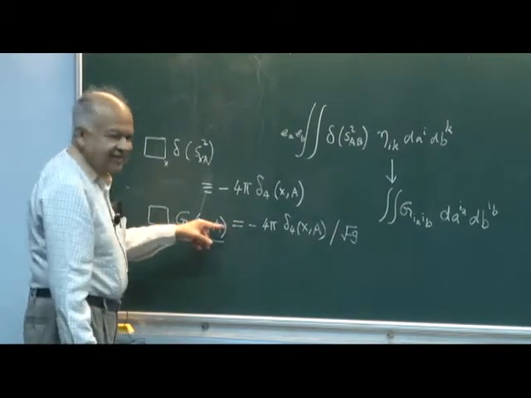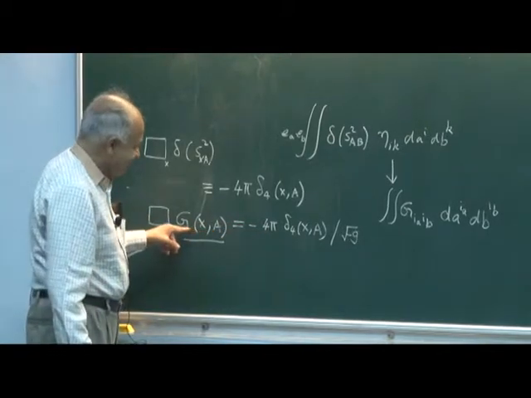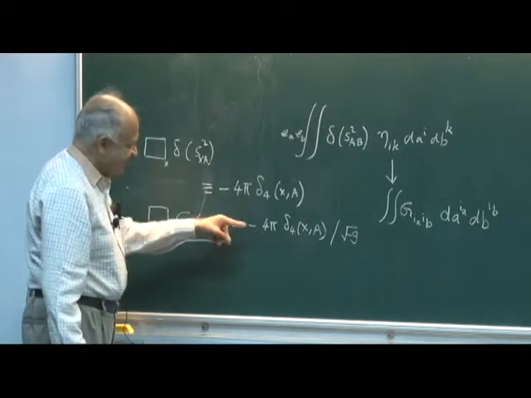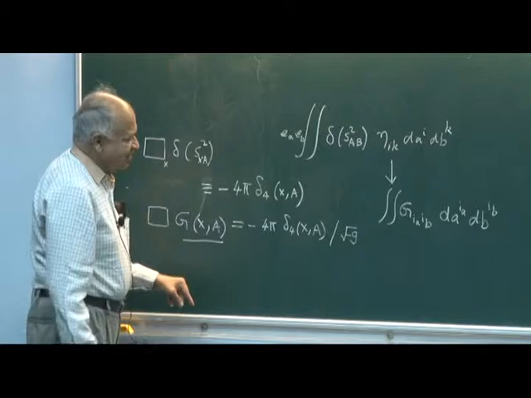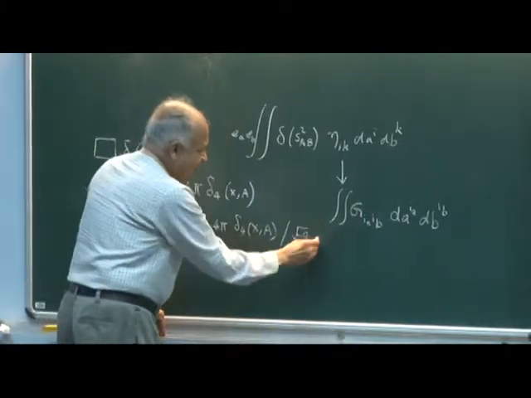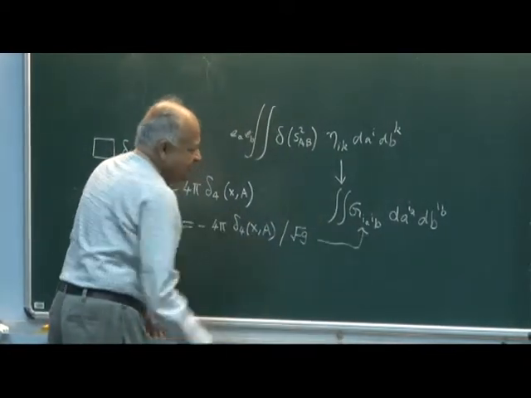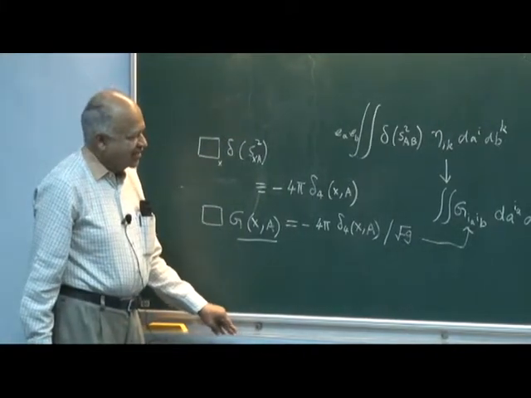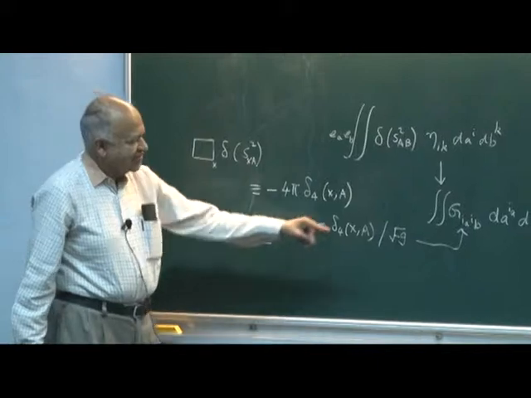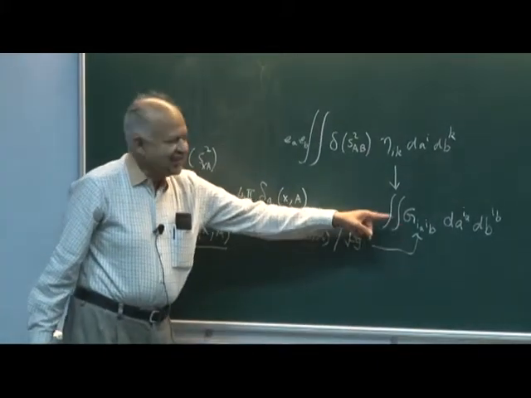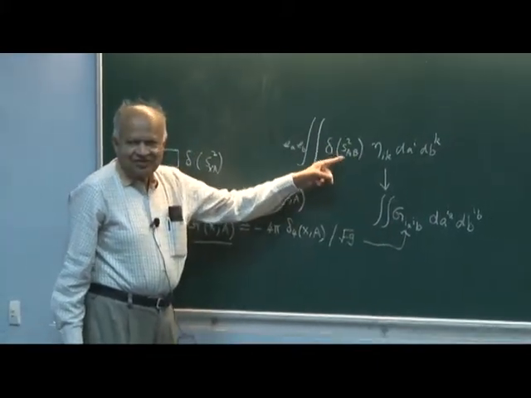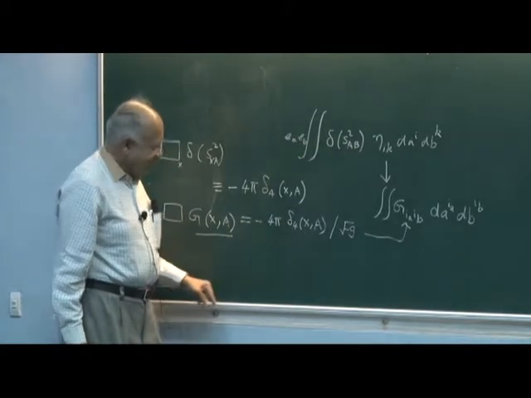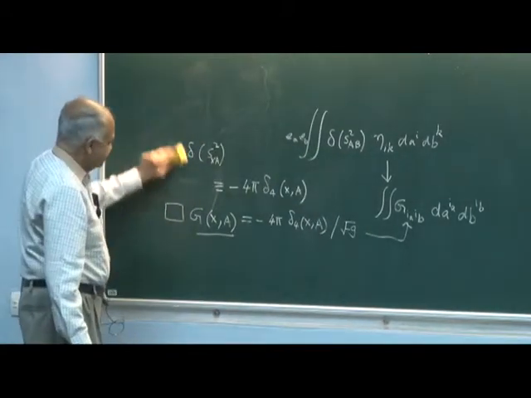This is a scalar Green's function. You can have a vector Green's function similarly defined, and if you do that, you can come to this formulation. Now you can ask yourself, what does this look like? Does it look like the delta function that we were looking for? So the answer is the following.